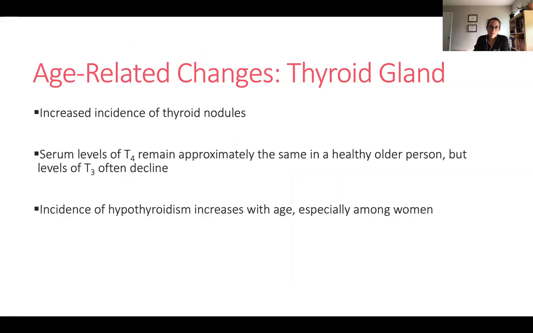With older people, these symptoms can be overlooked because the symptoms with thyroid disturbances are kind of vague. So if you think about it, they'll feel really tired, and it could be just dismissed because, oh, I'm getting older, so I'm getting tired, and that's normal. So pay close attention to older adults that have these new symptoms.